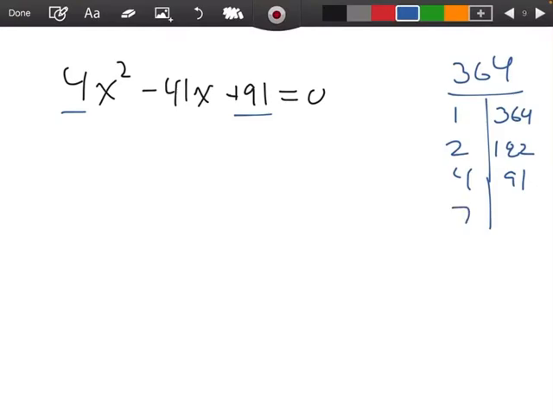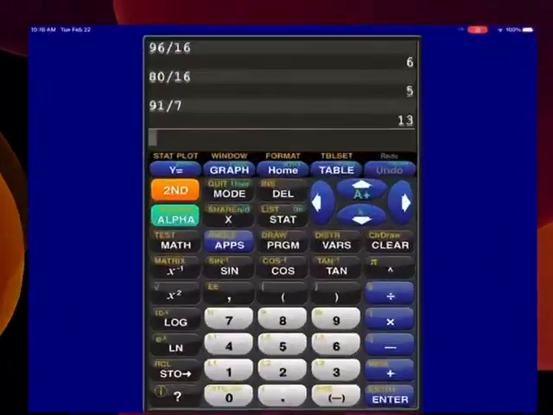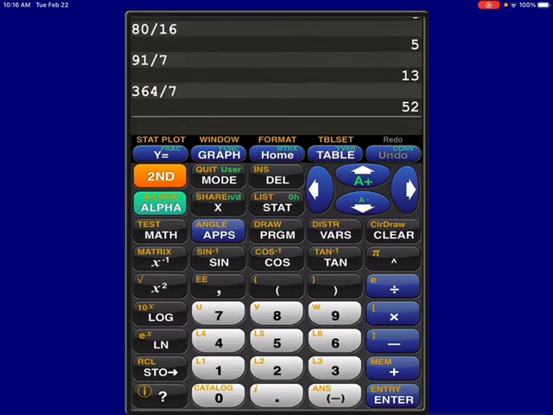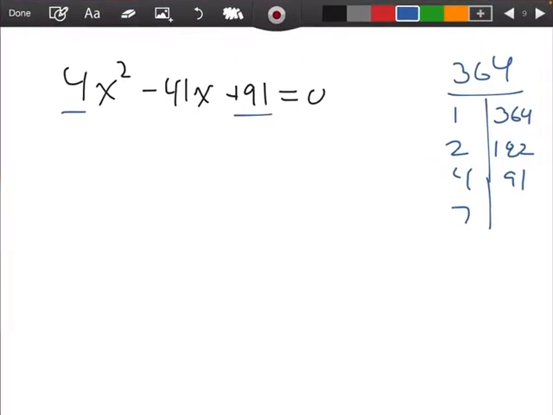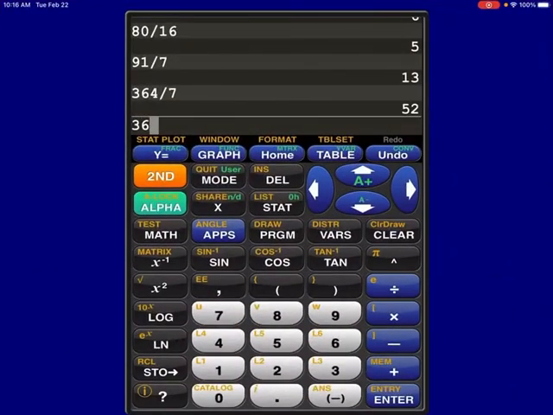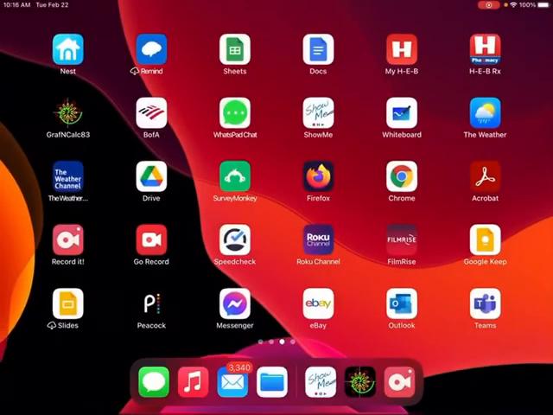So we would have 7 and whatever 364 divided by 7 is. So 364 divided by 7 is 52. Okay. And let's see, we can also divide it by 13, and I'm just looking for the numbers here that are going to end up helping me out, okay? 364 divided by 13 is 28.